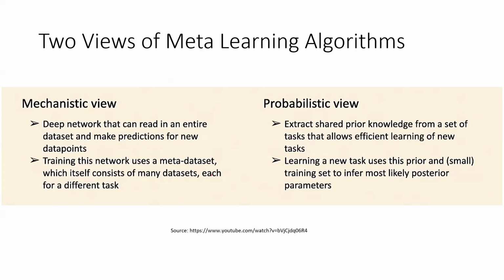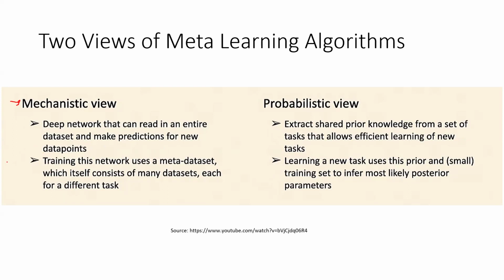When it comes to this learning about learning, there are two views that you can look at meta learning algorithms: one is known as the mechanistic view and the other as the probabilistic view, right? The mechanistic view says that deep neural networks can read in an entire data set and make predictions for new data points.